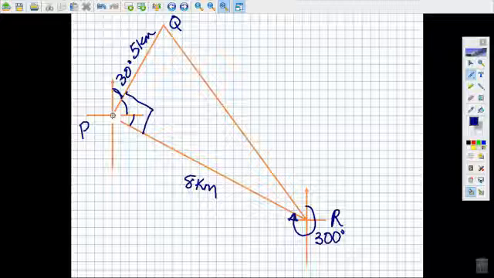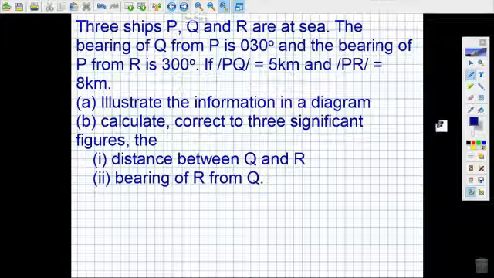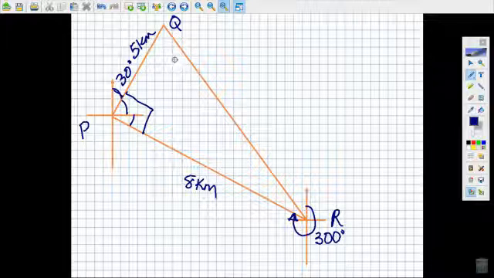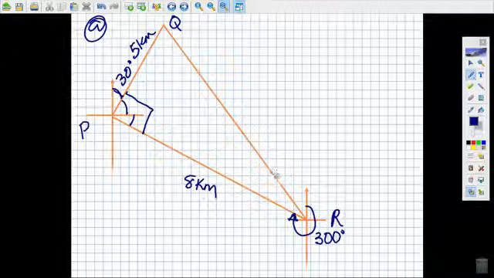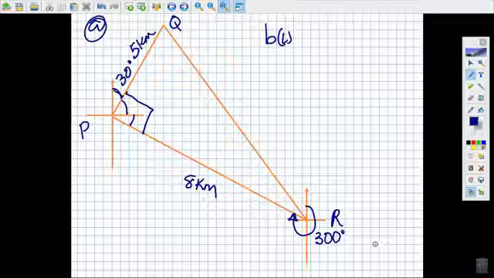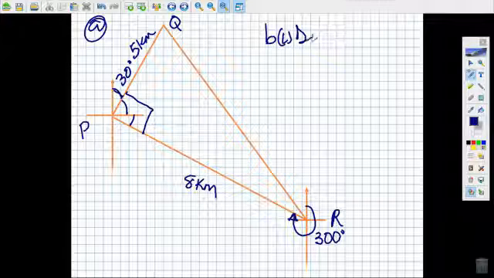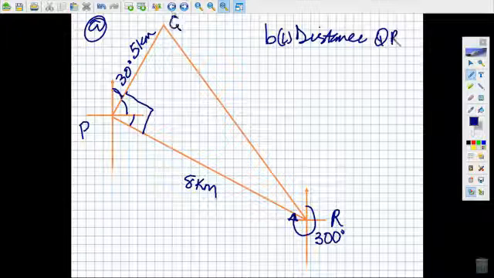Moving ahead will be to answer the first question, which says calculate, correct to 3 significant figures, I, the distance between Q and R. This is A, then B I is the distance QR.